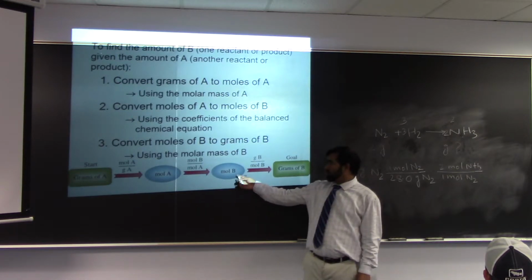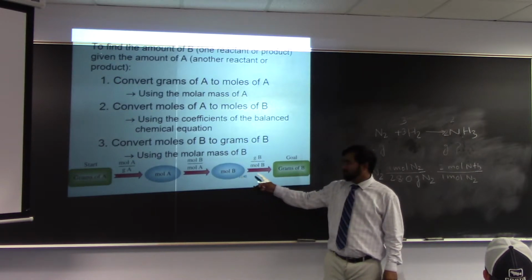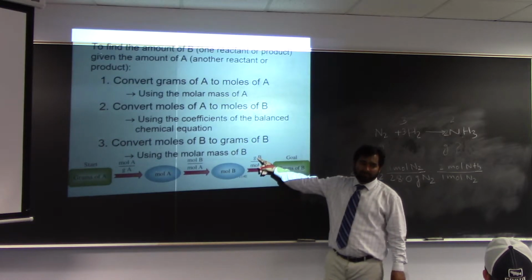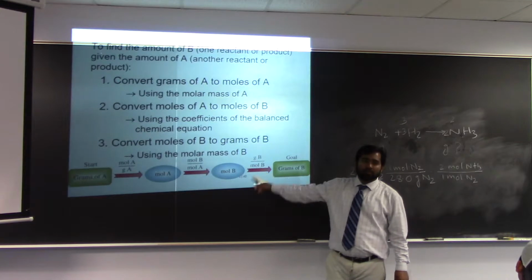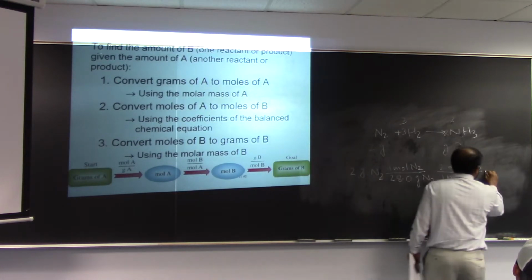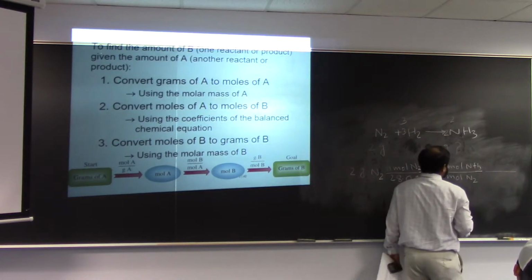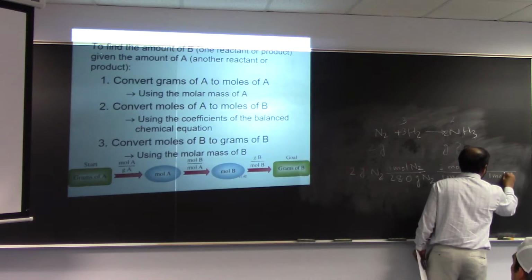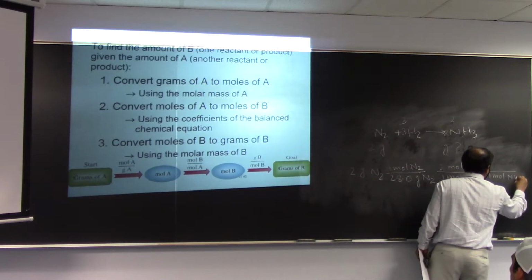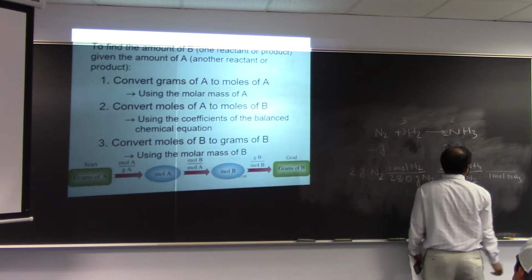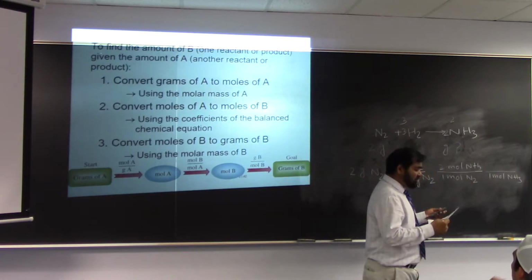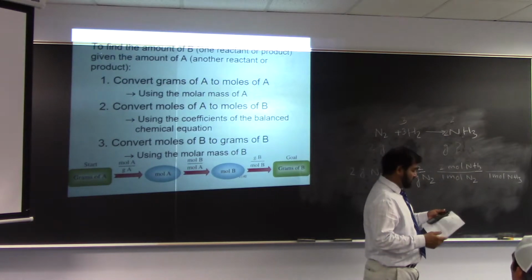The last step, you got mole of B. Last step, you're multiplying by molar mass. Gram of B over mole of B. So 1 mole of B is ammonia here. Ammonia, look at the nitrogen, 14 times 3.